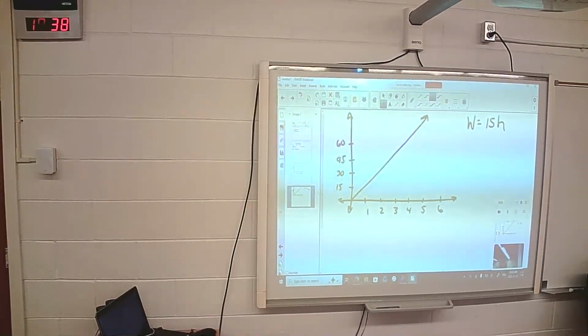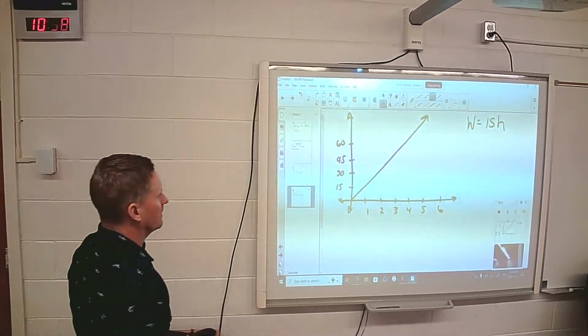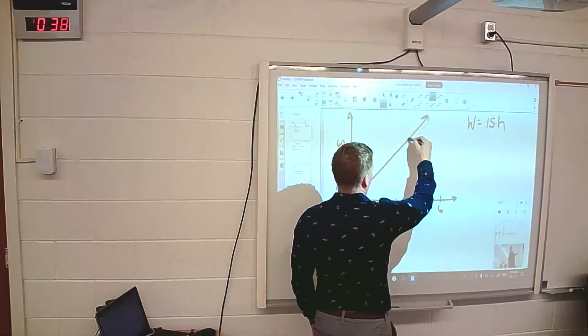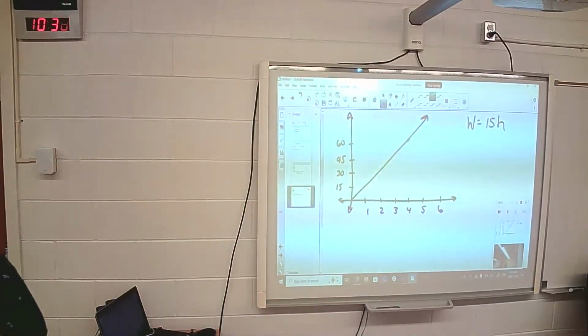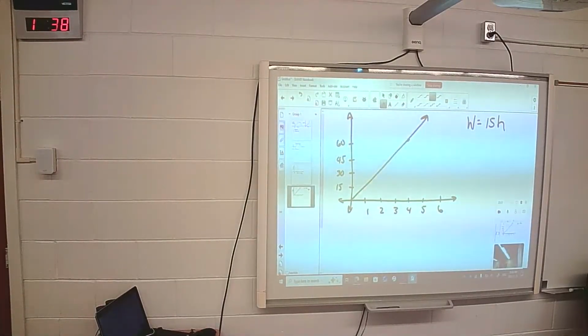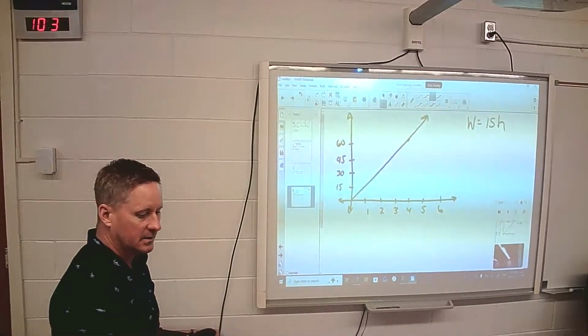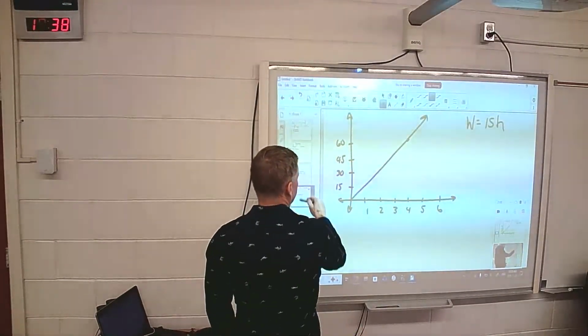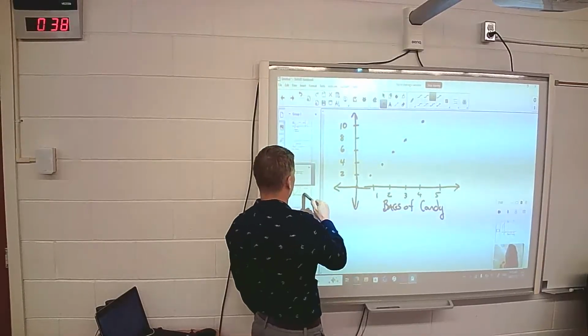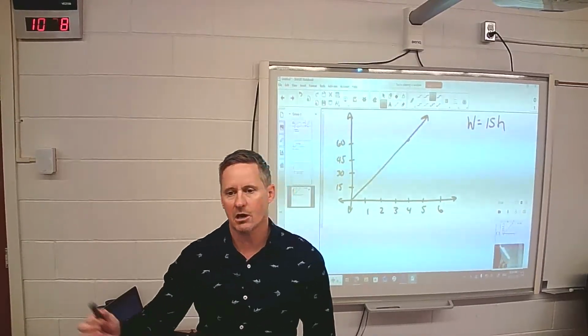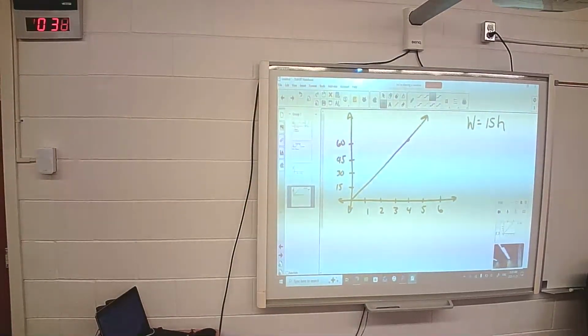All right, so at $15 an hour, if you work 4 hours, you work for $60. That's how much you earn. That's a continuous one because you can get paid for parts of an hour. All right, so that's the difference. Discrete means there's no solid line to connect that. Continuous means there's a solid line that connects it. Fair enough?